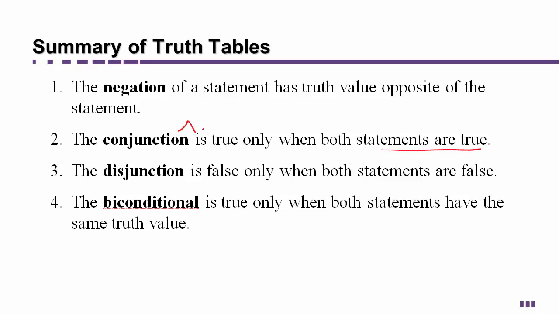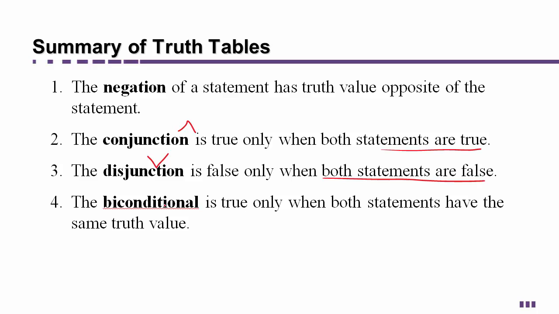If either statement is false, the whole thing is false. And then disjunction means or, and that's only false when both statements are false. So the conjunction is almost always false, and the disjunction is almost always true. They both just have one case where they're one thing. So the conjunction is true only once, the disjunction is false only once.